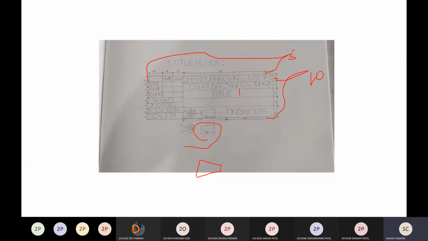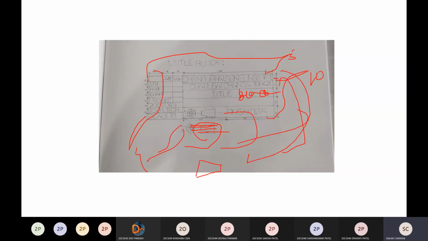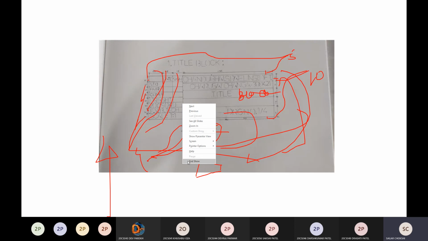Title block: even the projections are remaining, so you have to edit. Almost all corrections are the same. All the dimension fonts you need with 4 mm stencil.